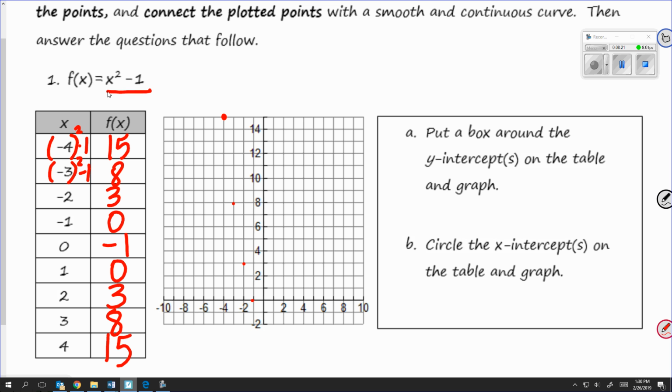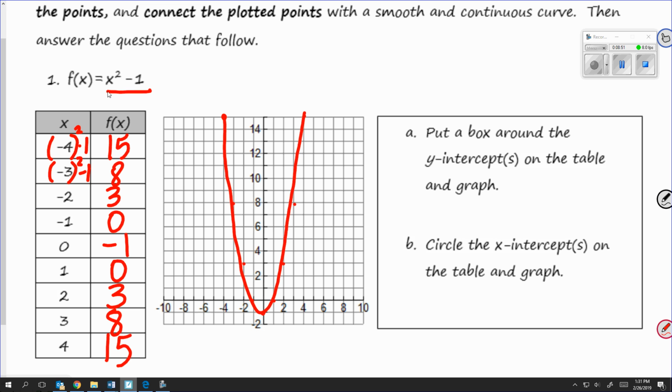Then 0, -1, put a dot. Then 1, 0, put a dot. 2, 3, put a dot. 3, 8, put a dot. And 4, 15, put a dot. I'm not going to draw arrows right now. We're going to connect all of our dots.